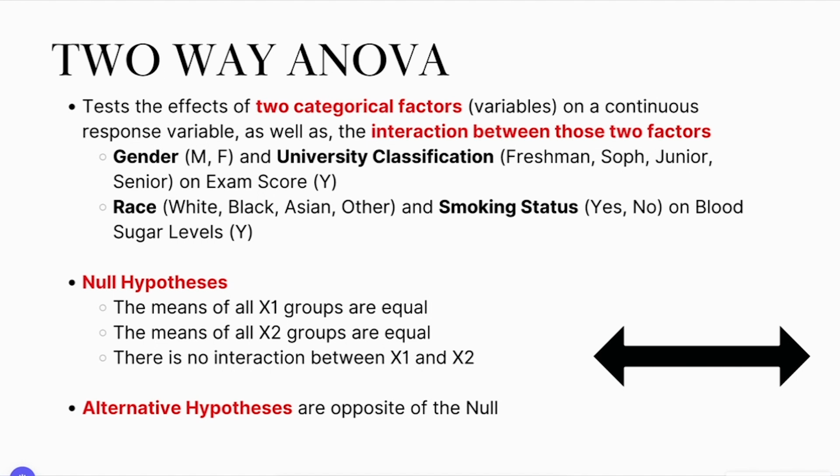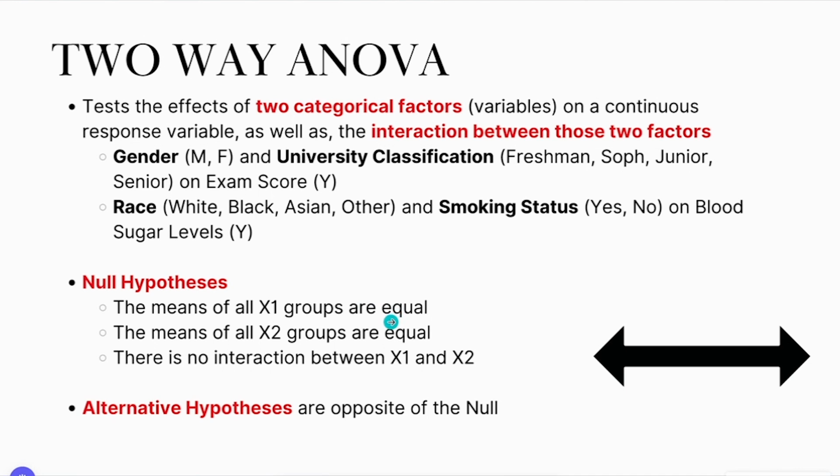So if you have two categorical variables and a continuous Y variable, you can perform a two-way ANOVA. Now, there are several null hypotheses for two-way ANOVA tests. So the first null hypothesis is going to be that the means of all X1 groups are equal. So in this example, if you have gender and university classification, you are going to test that the means of the gender groups are equal.